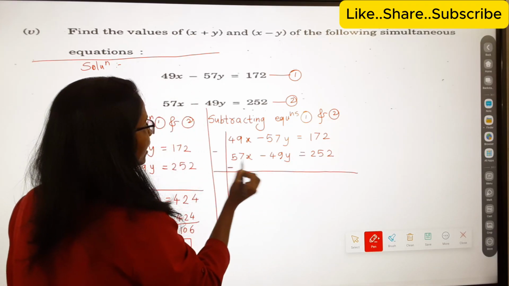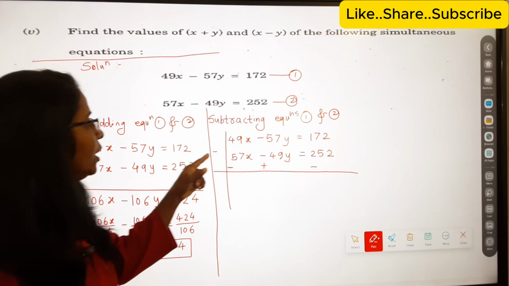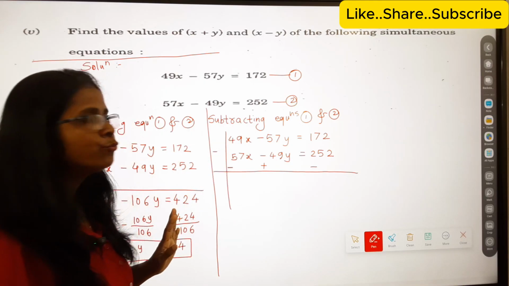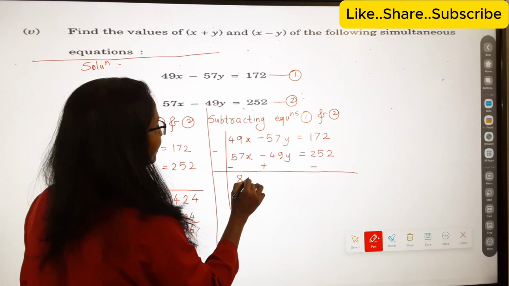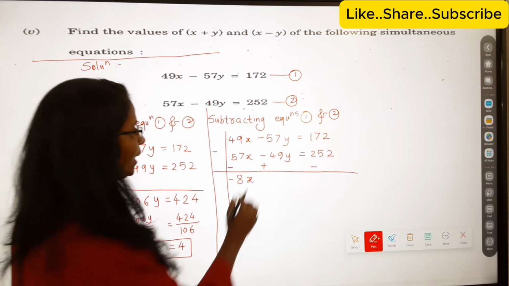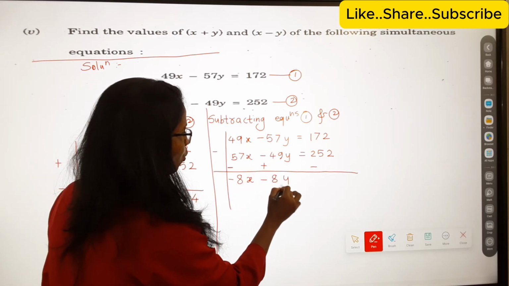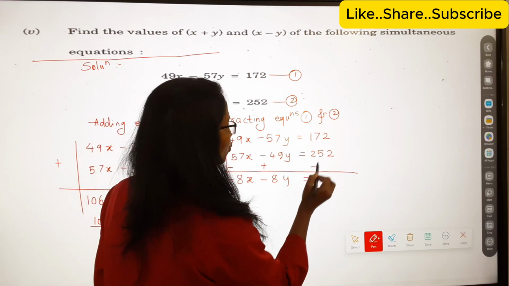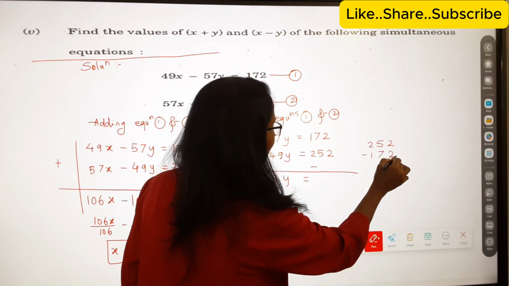Change the signs: minus becomes plus. Now 49x minus 57x is minus 8x, and minus 57y plus 49y is minus 8y, and on the right side 172 minus 252.